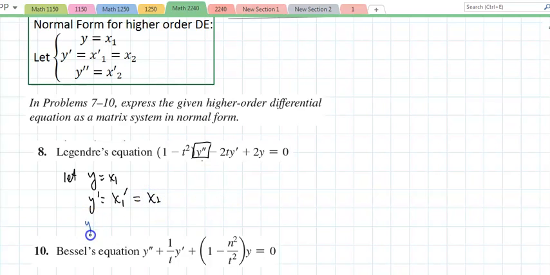And if I take a derivative of that, wouldn't that be x2 prime? And that's really how we play the game. Now watch what happens. I'm going to take this equation right here, and this equation now just became 1 minus t squared. y double prime is really x2 prime, minus 2t.